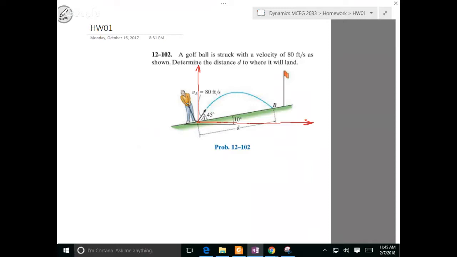What would you be concerned about if you looked at this thing? So what would you say Vx naught is and Vy naught? Would you say it's 80 sine of 45 and 80 cosine 45? Your first inclination. Okay, now that worries me.